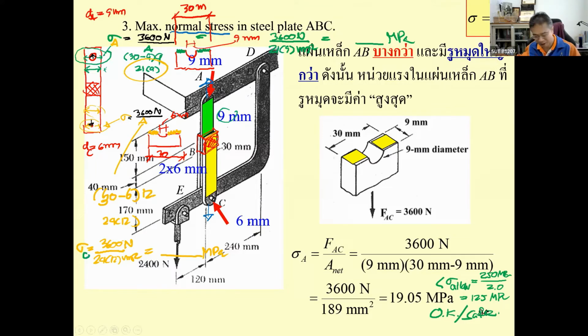If you try to compute for this one, just do the computation, and you got 3,600 divided by 24 and divided by 12. This one is going to be only 12.5 megapascal occurring over here.